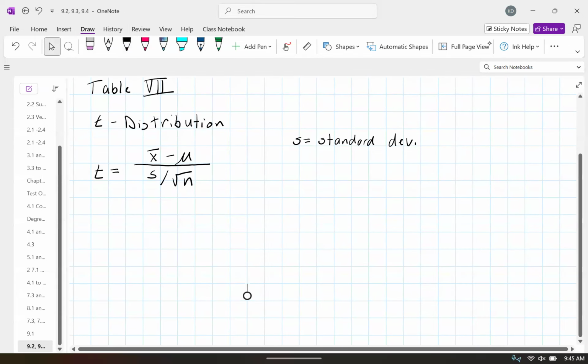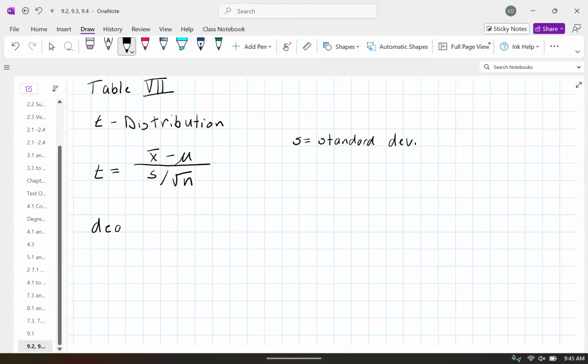In dealing with T tests, we have degrees of freedom. Oh, my handwriting is worse than normal today. We use the ever so clever DF for this, and most of the time it's going to be N minus 1, so number of participants minus 1.